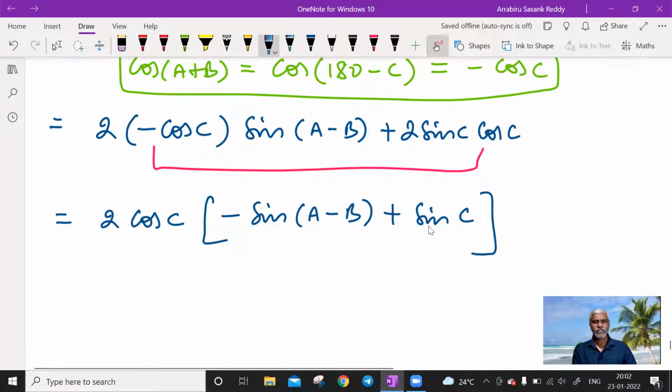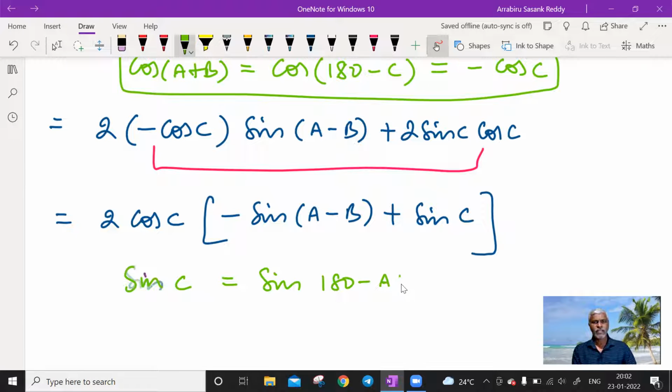Again converting sin C into A plus B, sin C can be written as sin (180 minus (A plus B)).